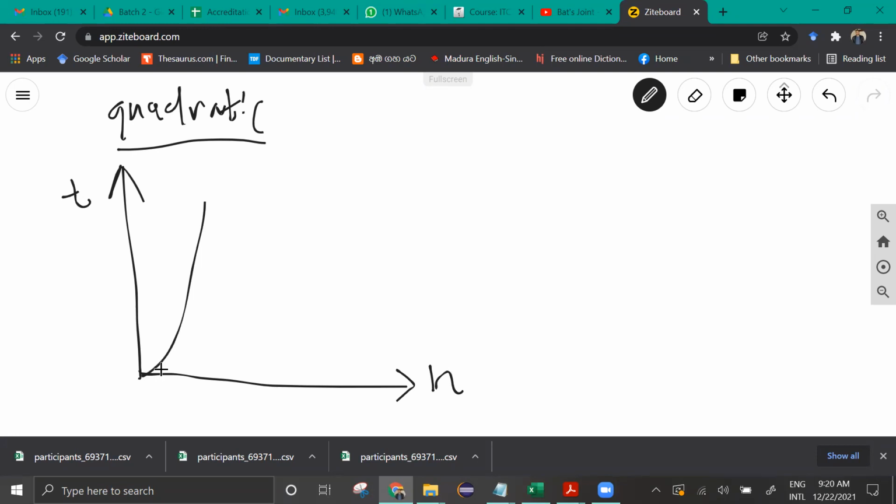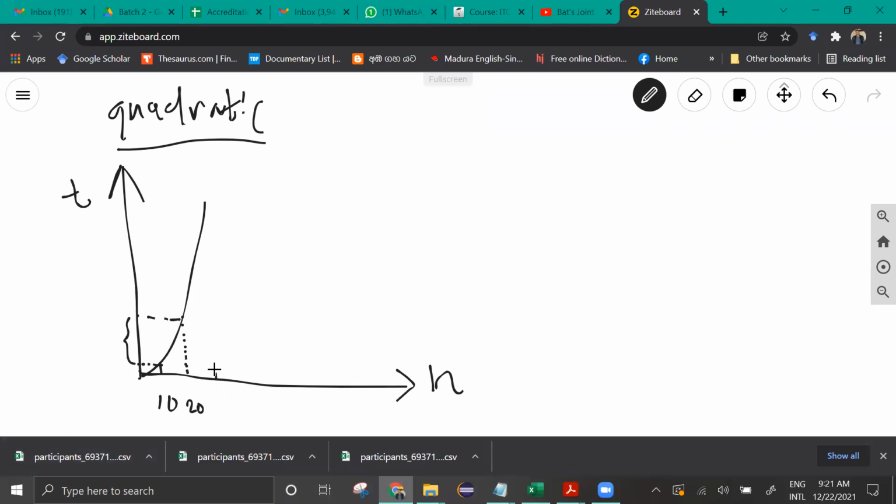If n is 10, we have a value. Then if n is 20, look at how it has changed, right?